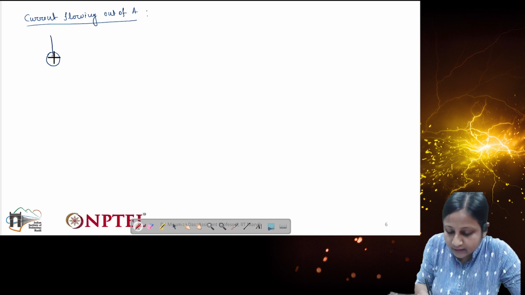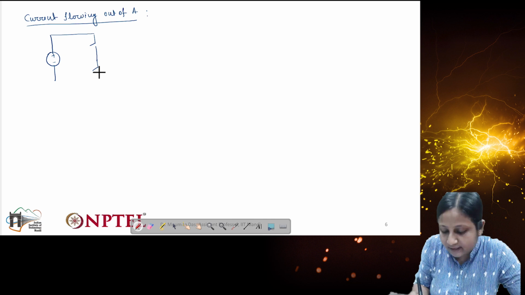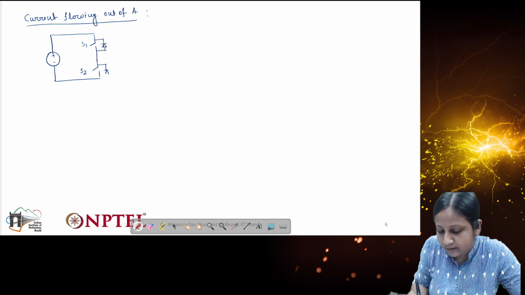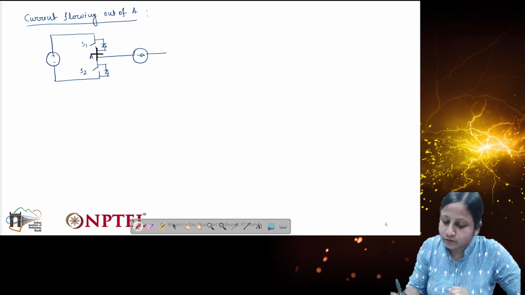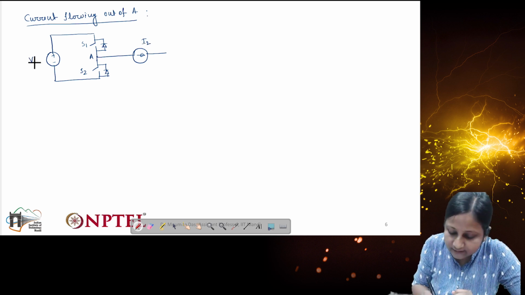You can see here, VDC will be similar to the previous case. S1 also will be there, S2 will also be there, and both have a body diode as in the previous case, D1 and D2. Now in this case current is flowing out of point A. Let's represent this current as I2, and this is the same VDC as the previous case.